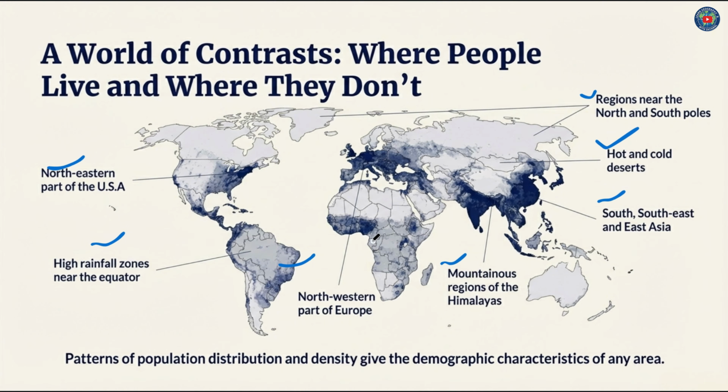In some of these regions, such as the high rainfall zones near the equator, mountain regions of the Himalayas, hot and cold deserts, and regions near the poles, the population distribution and density is less than in other regions of the world.